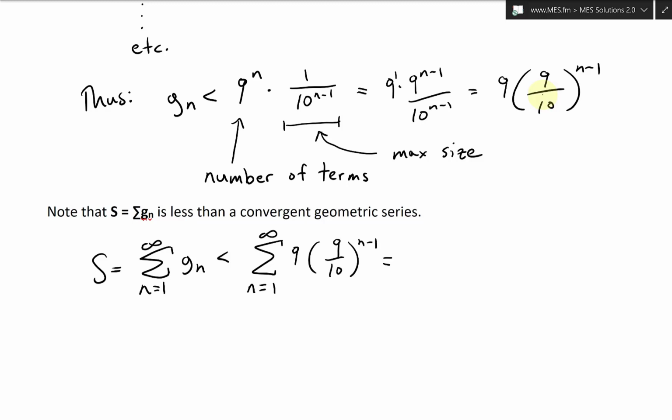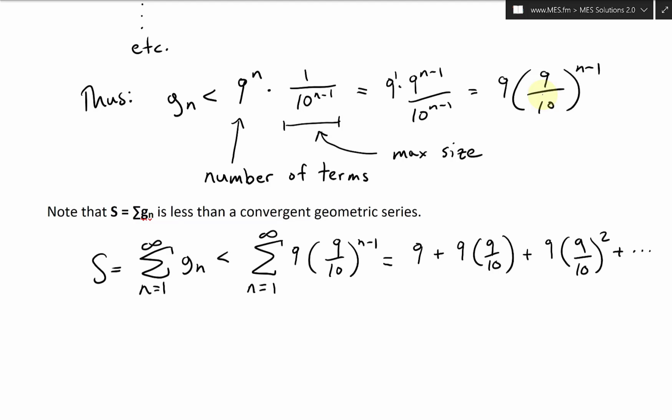If you write this out, putting a 1 inside, the exponent goes to 0, so we have a 9, plus, and then putting a 2, the power of 1, we'll have 9 times 9 over 10, and then plus the next one, 9 times 9 over 10 squared, plus dot, dot, dot.